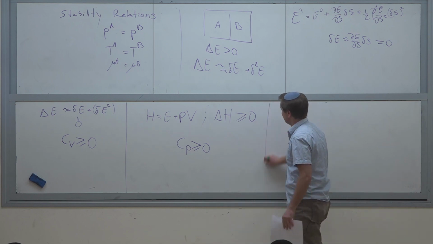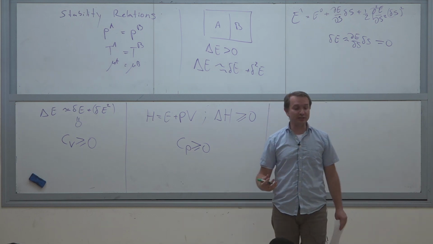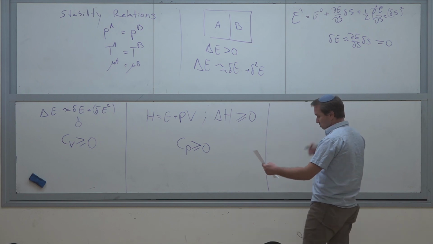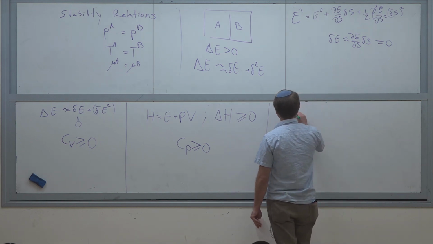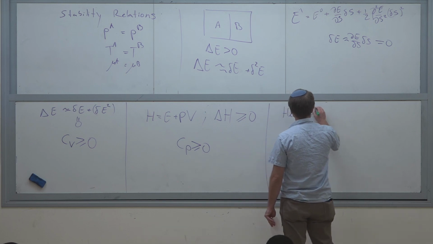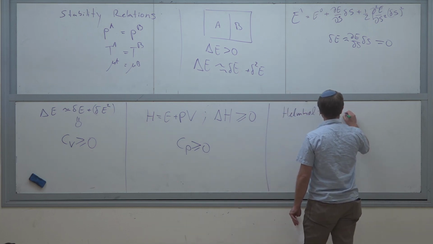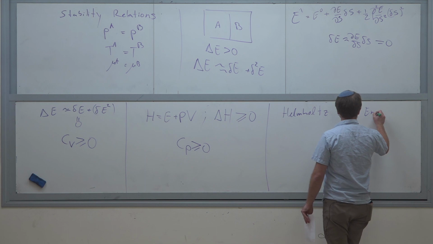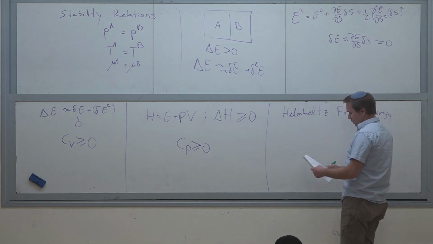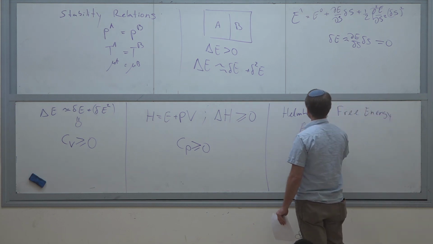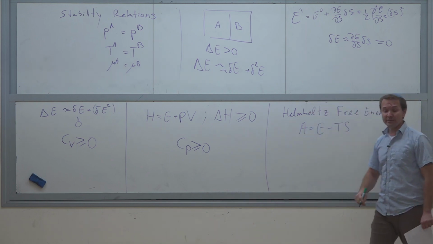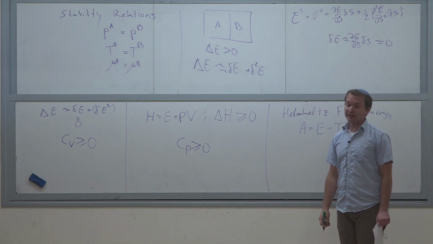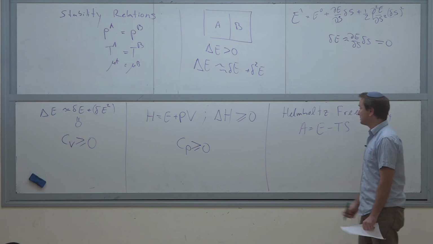If we do this trick again, but for the Helmholtz free energy, which is A equals E minus TS, again for A there is a variational principle. At equilibrium, A is at its minimum.